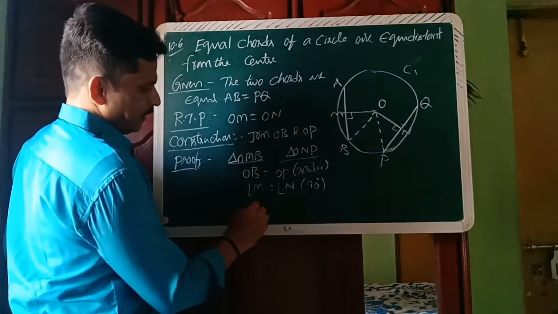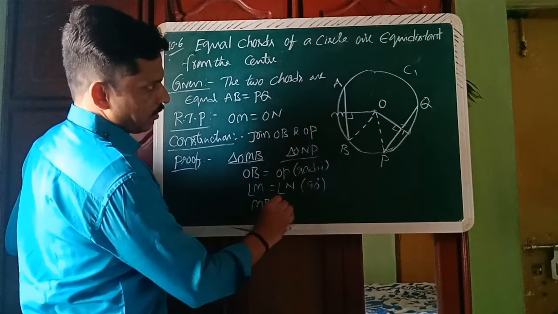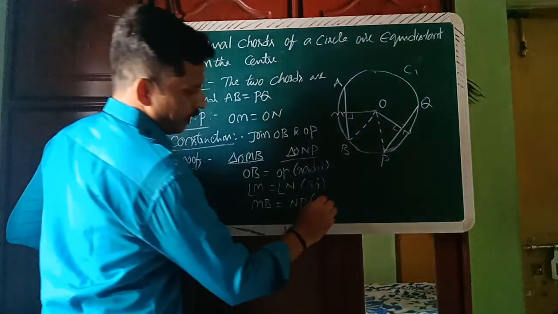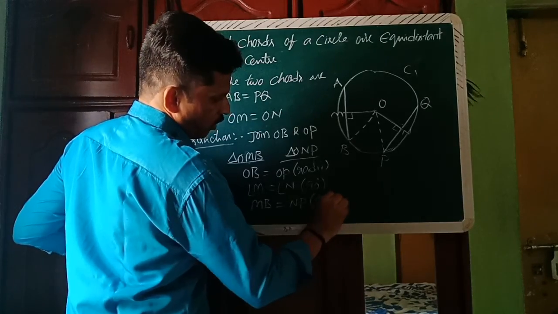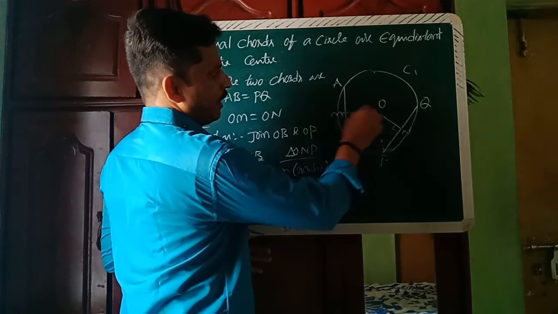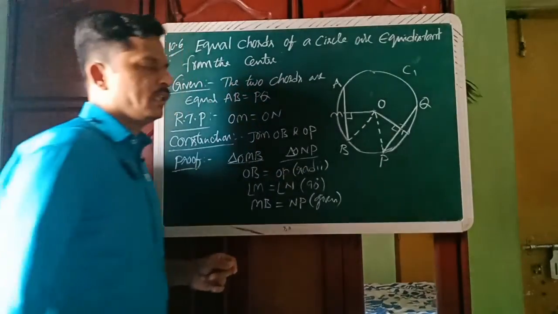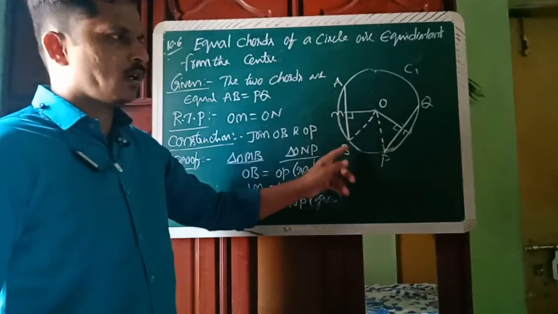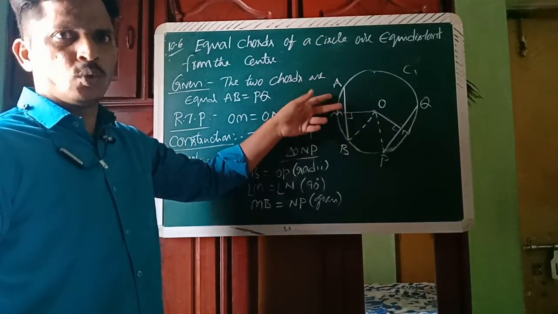Next one is MB is equal to NP. This is given. See how these two are equal. They gave two chords are equal. For the perpendicular, we have the 10.3 theorem: the perpendicular drawn from the center of the circle to the chord divides that chord into two equal parts.